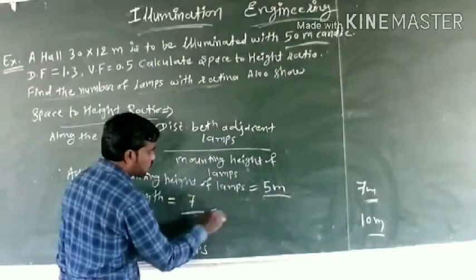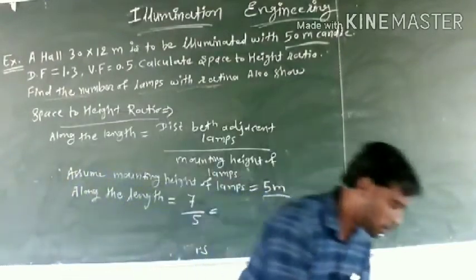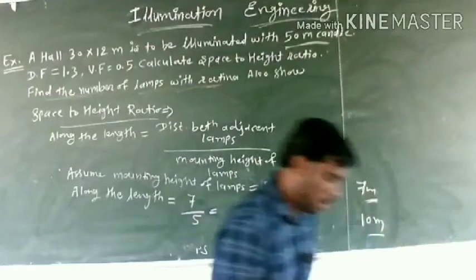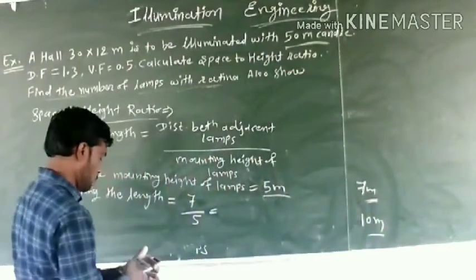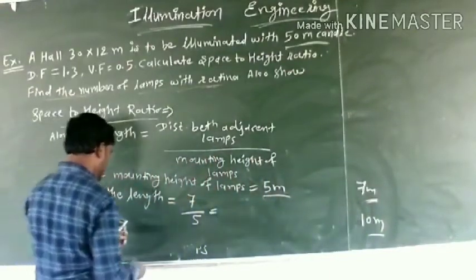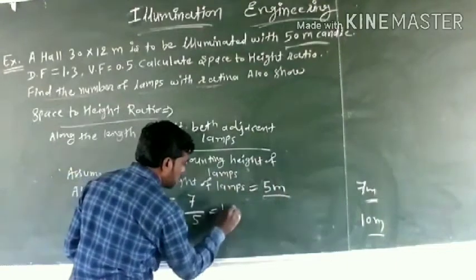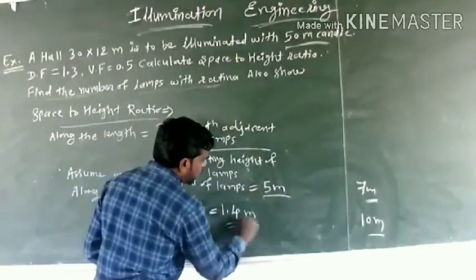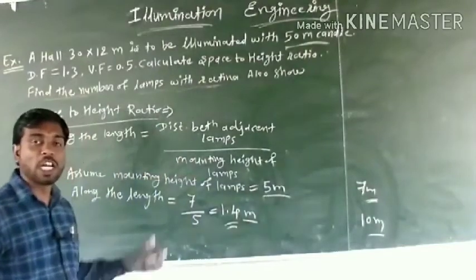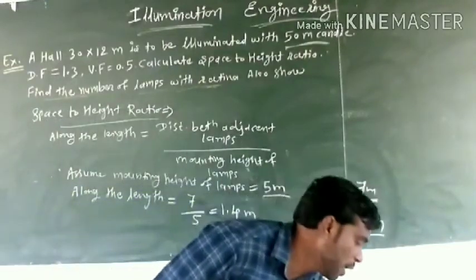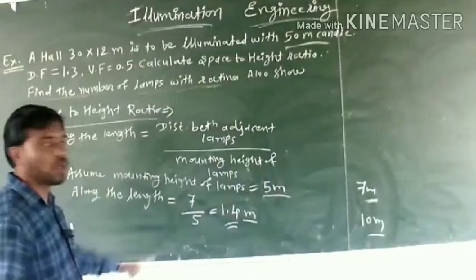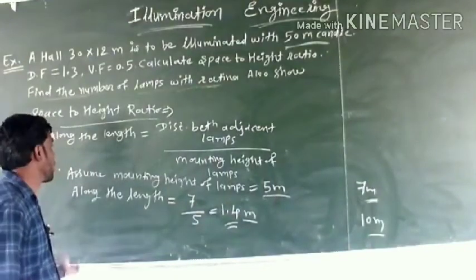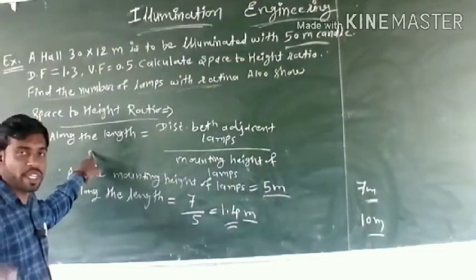So when we solve this, we get 7 divided by 5, which is 1.4. So the space to height ratio along the length is 1.4. Now we have to calculate along the width.